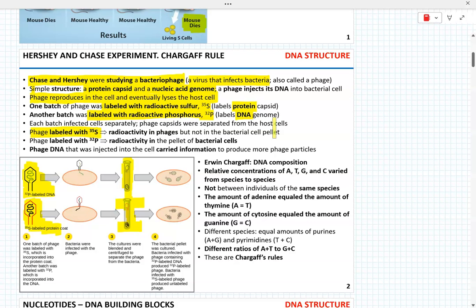However, for cells that were infected with phage labeled with phosphorus-32, the radioactivity was found in the pellet of bacterial cells. In other words, the phage DNA that was injected into the cells carried information to generate more phage particles. This experiment is considered to be the final answer to the question of which molecule stores the genetic information in cells.